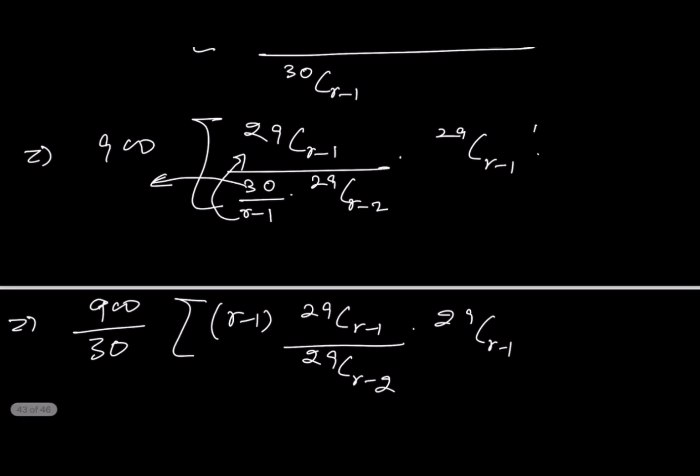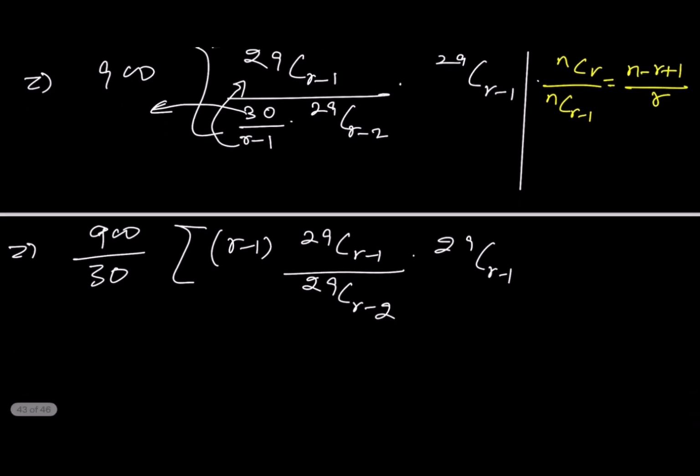See, there is another formula: nCr upon nC(r minus 1) is equal to (n minus r plus 1) upon r. On the left-hand side, in numerator and denominator, there is n, and for r there is a difference: the numerator has r and the denominator has r minus 1.